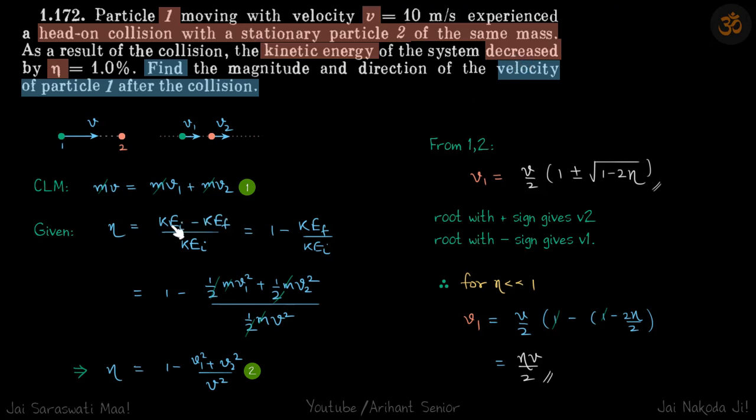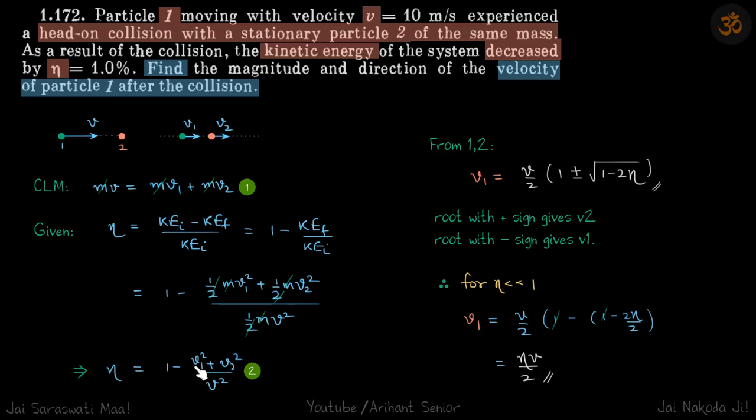So that is change in kinetic energy upon initial kinetic energy, which is 1 minus KE final by KE initial. KE final is this and KE initial is this. So half m will cancel out everywhere and we'll be left with this equation.